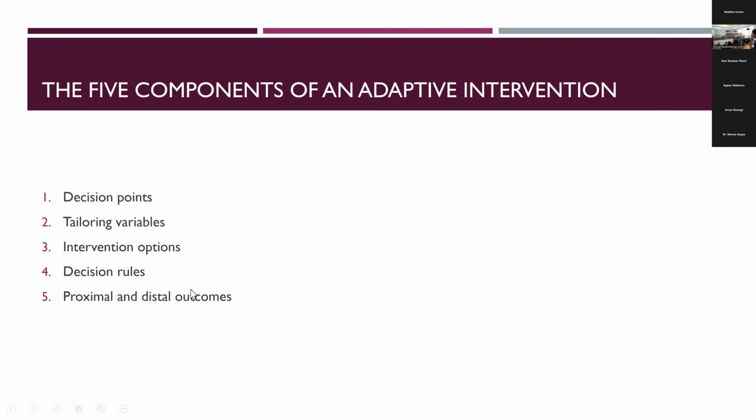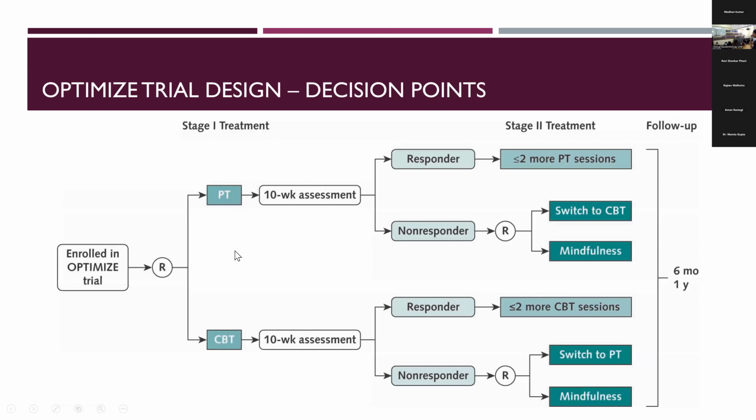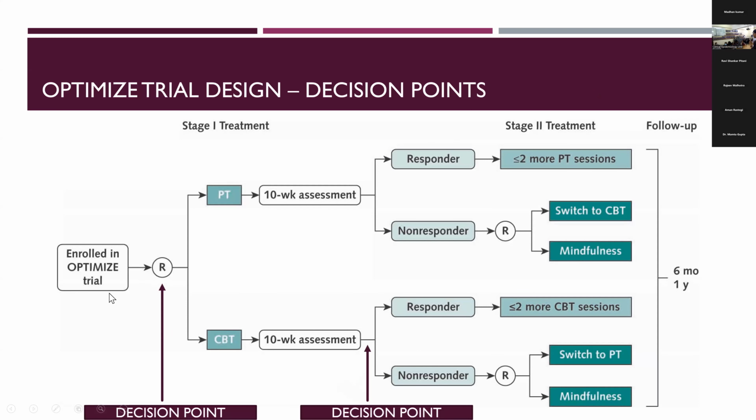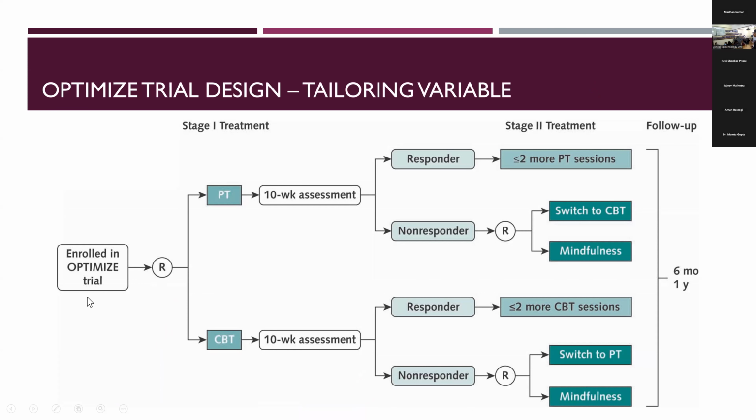So before we jump into the appraisal of the trial, I just wanted to look at the components of an adaptive intervention. So where will the decision points be in this trial? One will be here at the start of the trial, and the second one will be here when you are randomizing them the second time. Now what are the tailoring variables here?